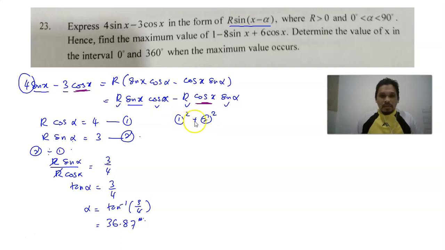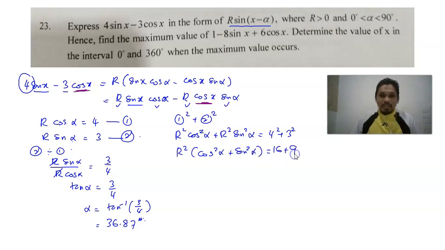This is the formula we're going to use to find the value of r: r squared cos squared alpha plus r squared sine squared alpha equal to 4 squared plus 3 squared. R squared times (cos squared alpha plus sine squared alpha) equal to 16 plus 9.